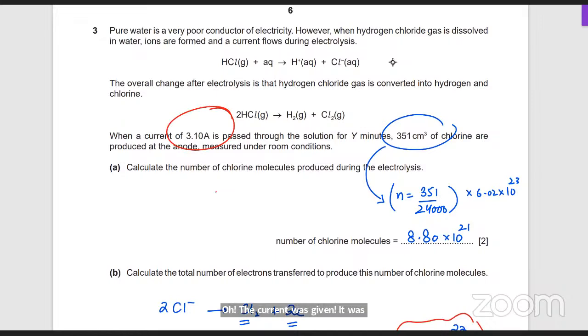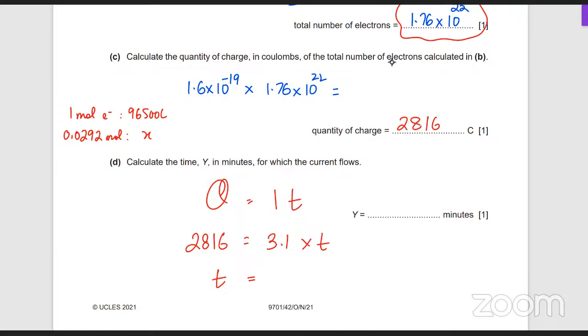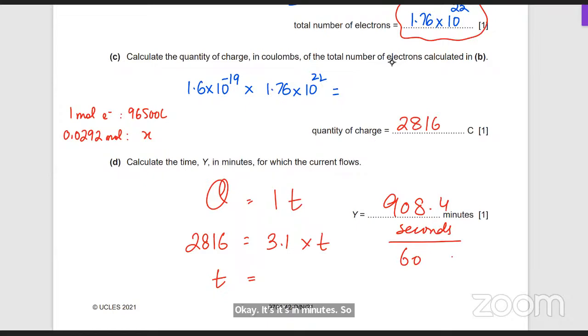So find the time, what's the time in seconds? 908.38. Okay, that is in seconds. Divide this by 60 so it's in minutes, and you'll get that.